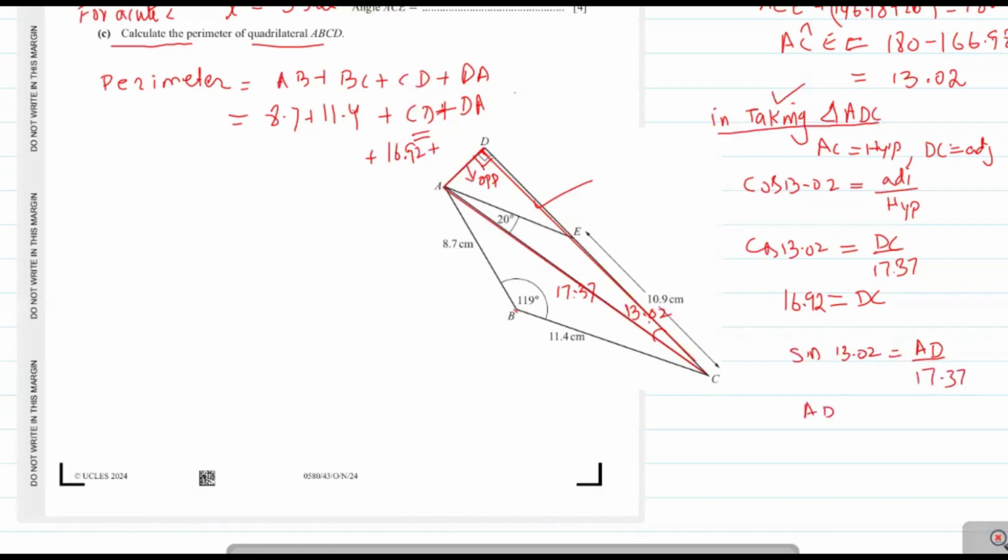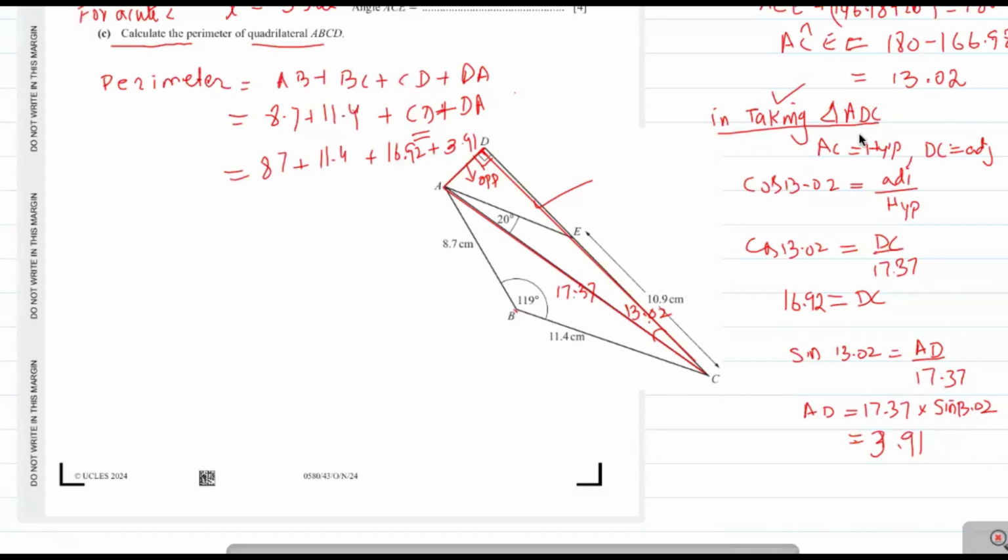Therefore, AD will be equal to 17.37 multiplied by sine 13.02, and this will be equal to 3.91. Therefore DA is 3.91, this value is 11.4, and this is 8.7.